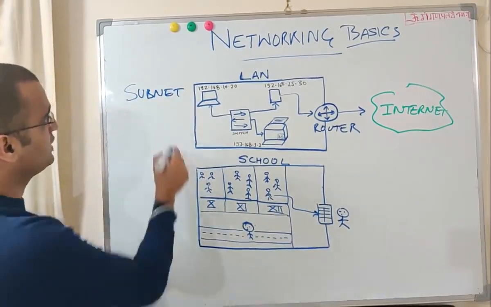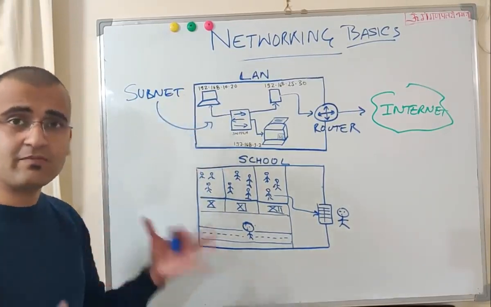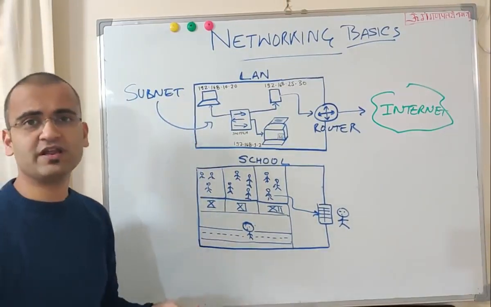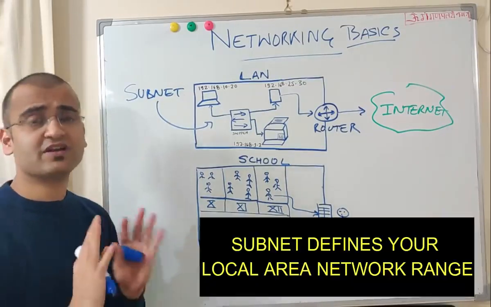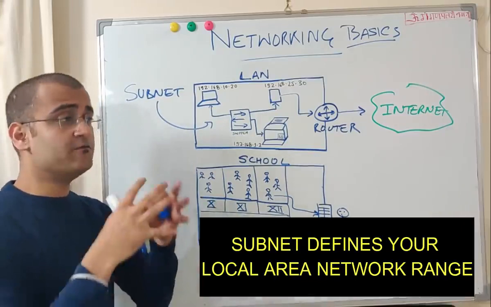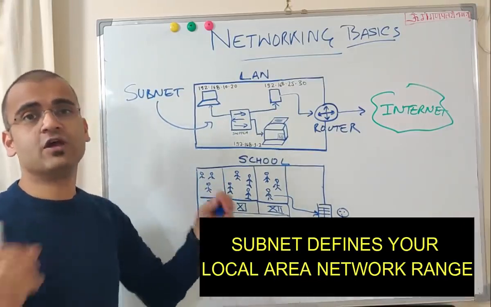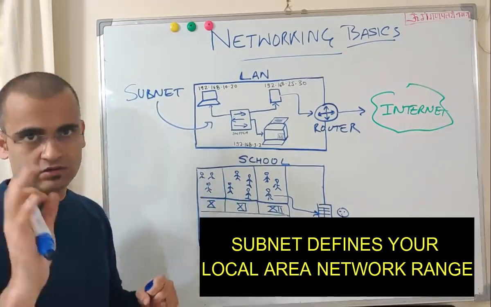A subnet is a subnetwork which sits within the local area network, and it is not an IP address. It might look like an IP address, but it is not. It is a set of flags which defines the overall range of a local area network. I'll tell you how.